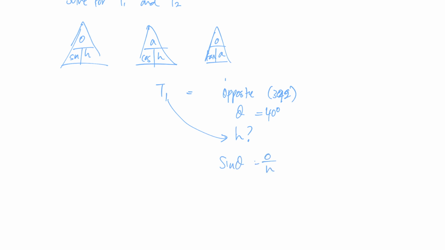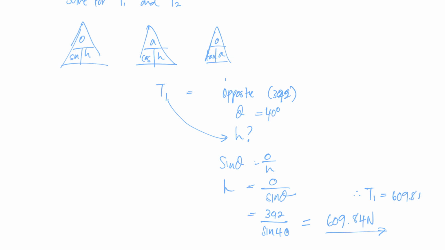I know that hypotenuse is actually equal to opposite over sine theta. So my opposite is 392 divided by sine theta, which is sine 40. And I'm going to end up with 609.84 newtons. And there we go. I've now got T1 is equal to 609.84 newtons. So there's my first answer.